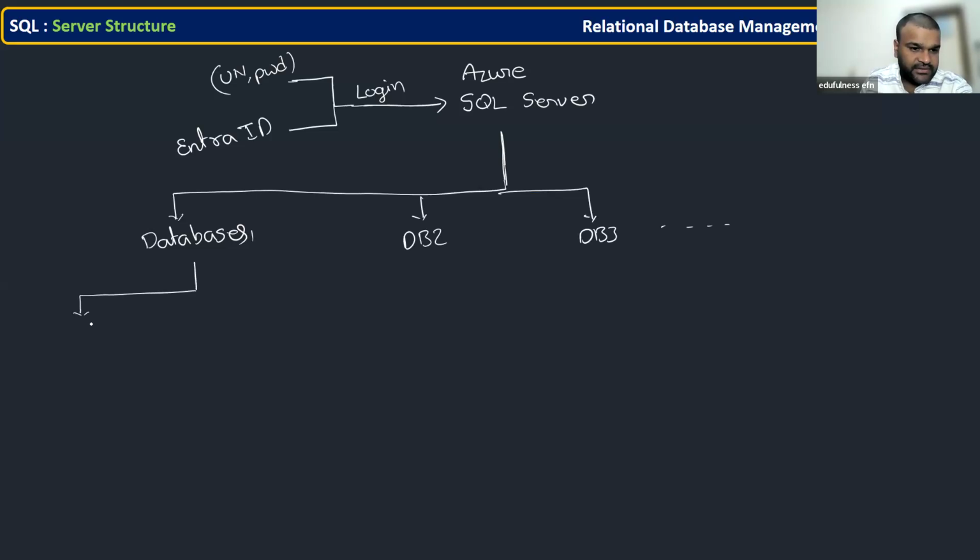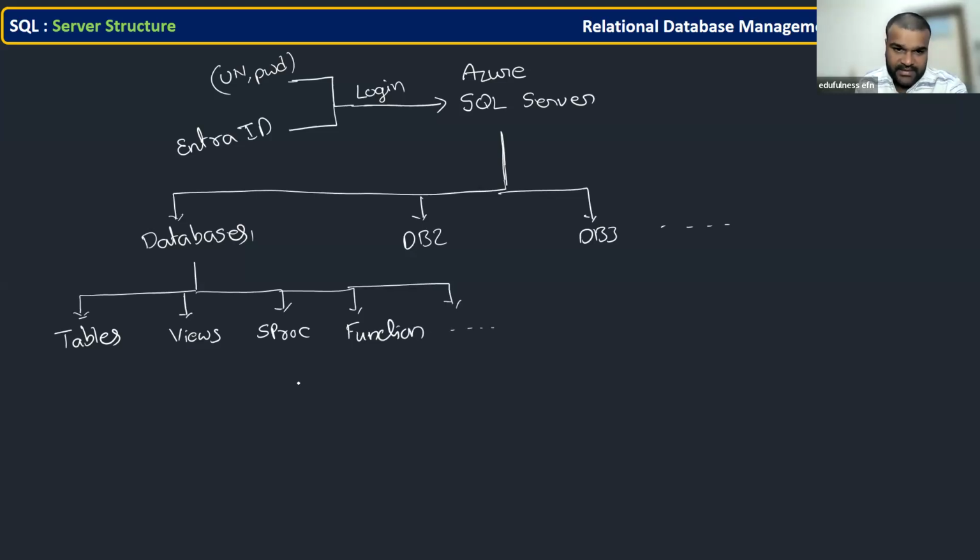But broadly, you are going to have tables, which hold the data. Then logical tables, that is nothing but views. And for anything programming related, if you implemented some logic, that is stored procedures, or you may have functions, or indexes, many things are there.